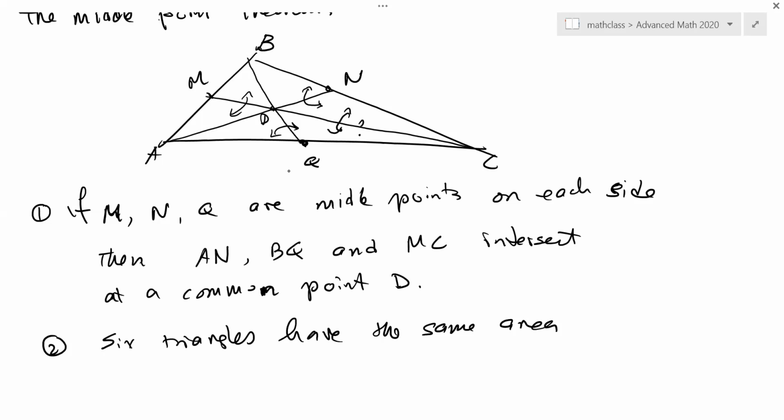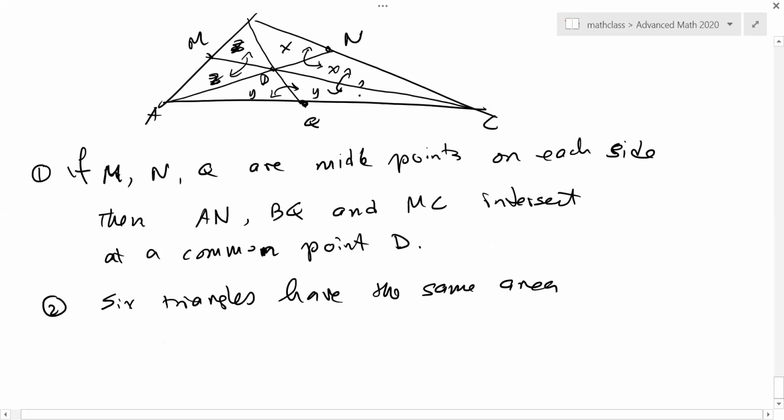Let's call these areas X, X, Y, Y, Z, and Z. So X equals Y equals Z. You have to use other properties.